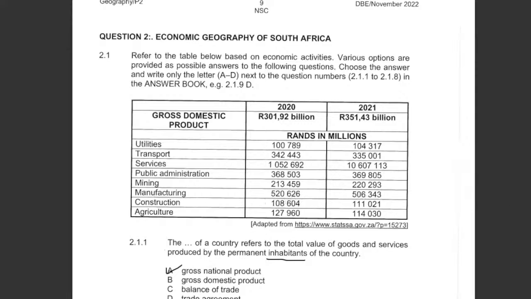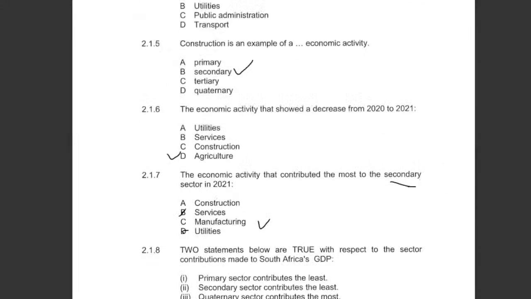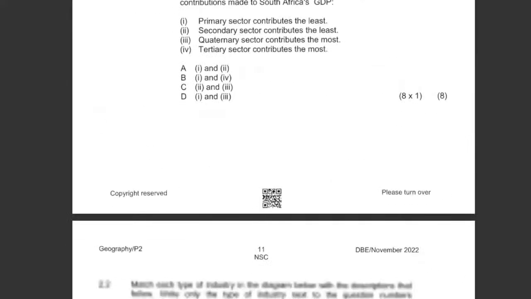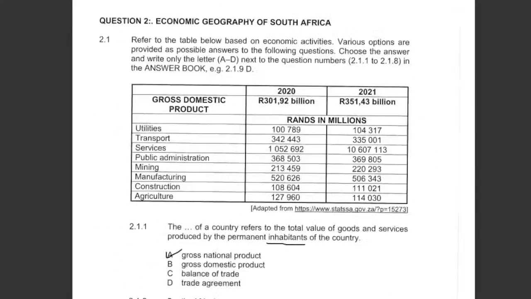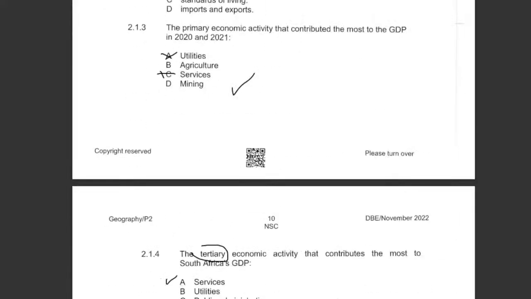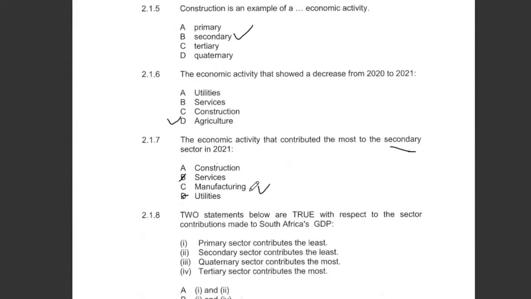Construction is this. Which one contributed most in 2021? So we check here. 2021, it's this column. Which one contributed most? This is 114. This is 505 or 6. So which one contributed most, manufacturing or construction? Automatically it's manufacturing. Okay, yes.